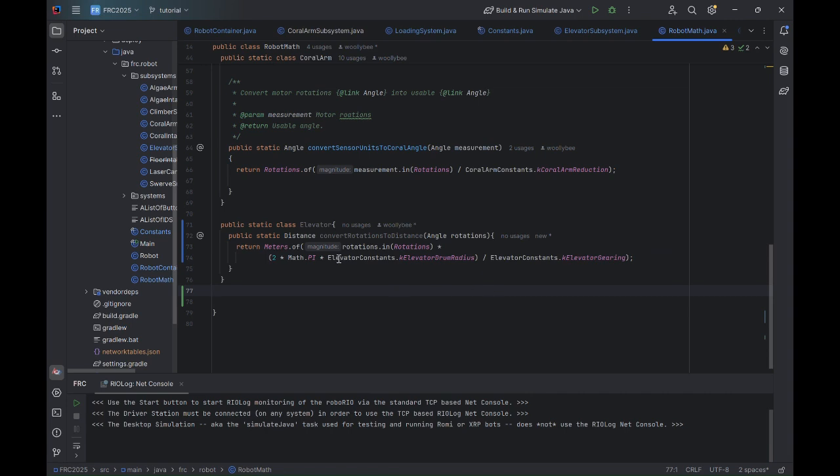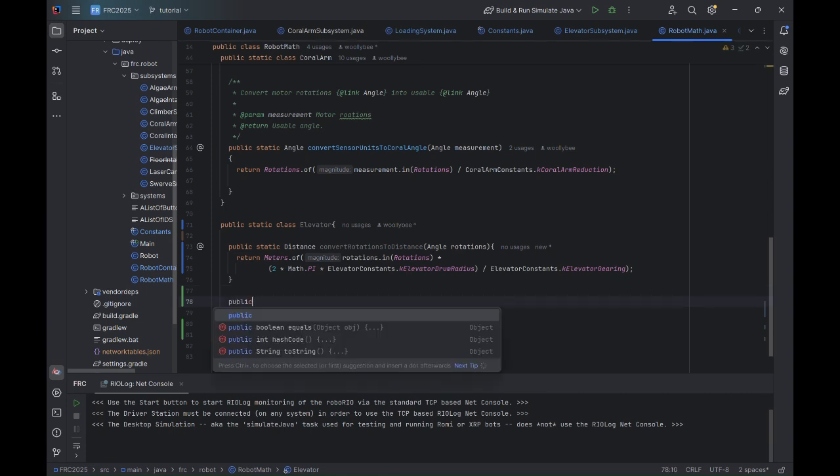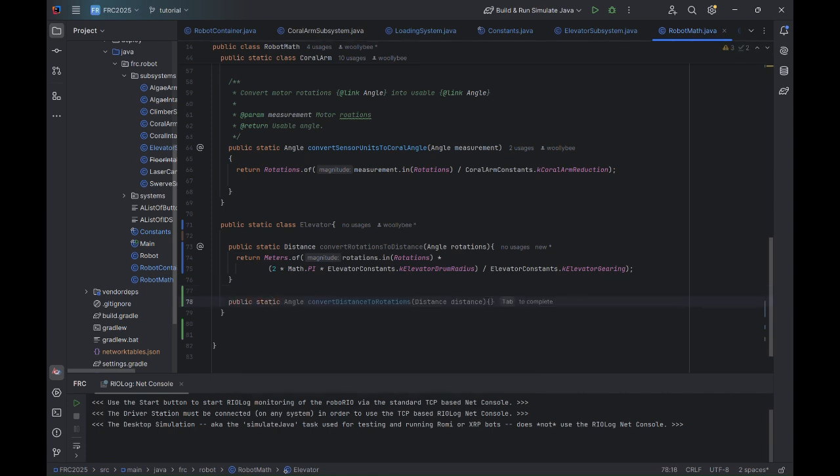Similarly, we are going to convert distance to rotations. So public convert distance to rotations, and take distance. Return. This time it's the opposite. For rotations you multiply by the radius and divide; so if you have the distance, you multiply by the gearing and divide by this one.